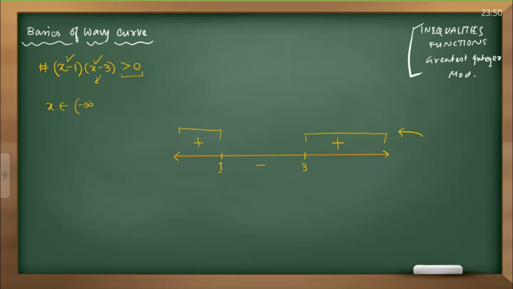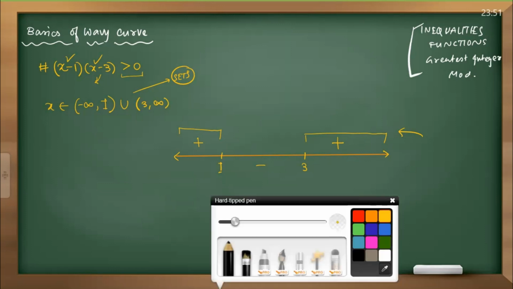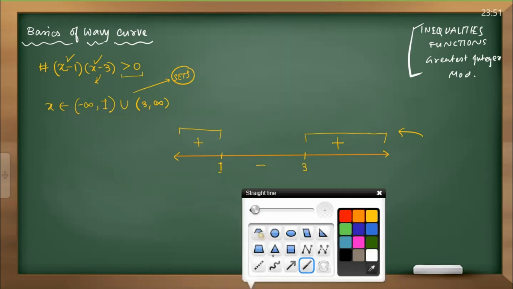We have learned these notations in the inequalities part. X belongs to minus infinity to 1, union 3 to infinity. You might not know what union means, but it is actually a concept from sets. We have learned it in inequalities because we need it in inequalities. So we've learned it now.